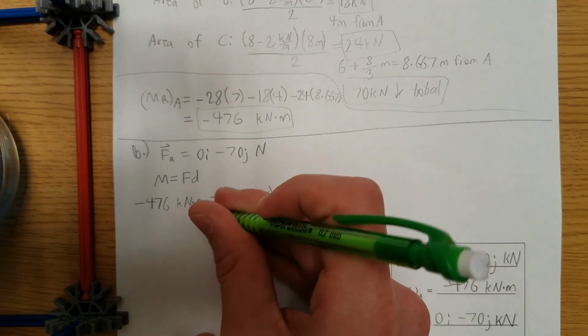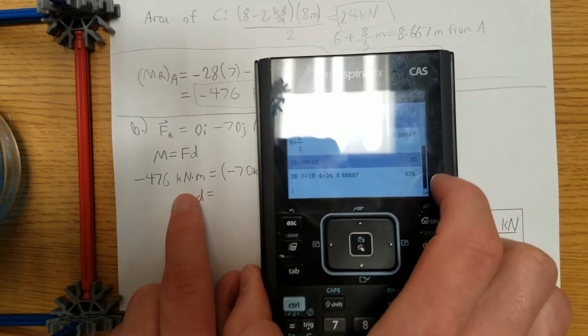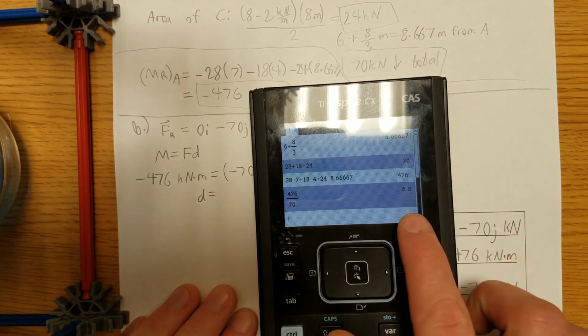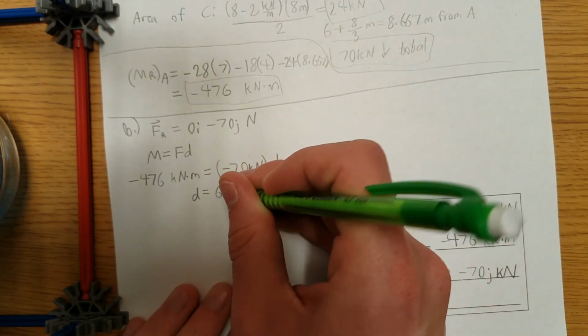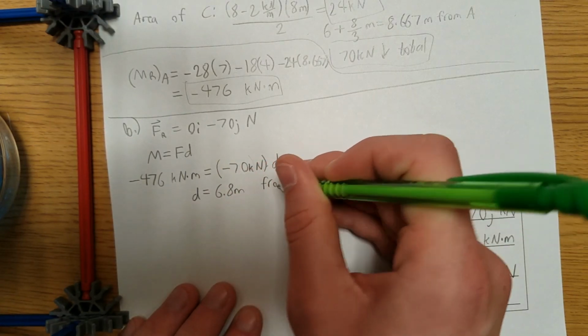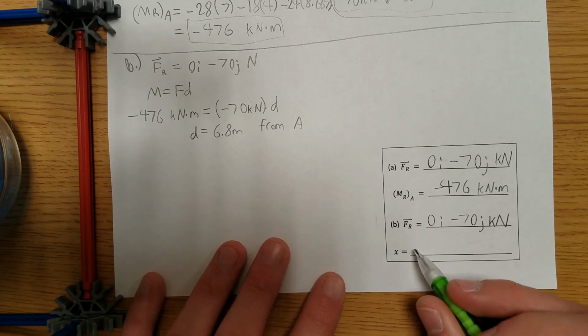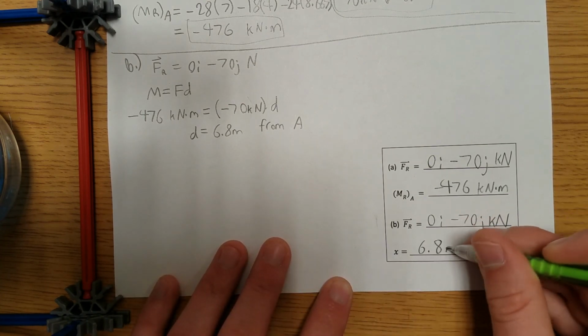You're going to find that your distance is going to be equal to, and again, these are both negative, so it'll end up being positive, our 476 divided by 70. And if we get that, it looks like it's 6.8. 6.8 meters from A. So we go down here, I wrote it as d, it could be x as well, 6.8 meters.